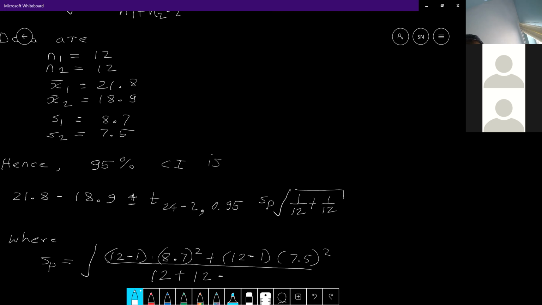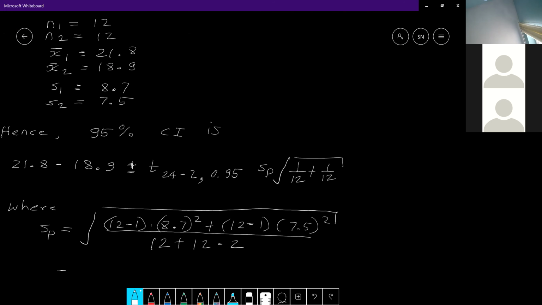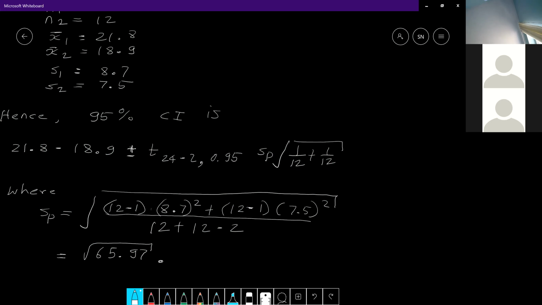So this is the sample pooled standard deviation. Now, if you work this out, you should have a calculator. If you look up the solutions online, you will see that this is equal to the square root of 65.97.